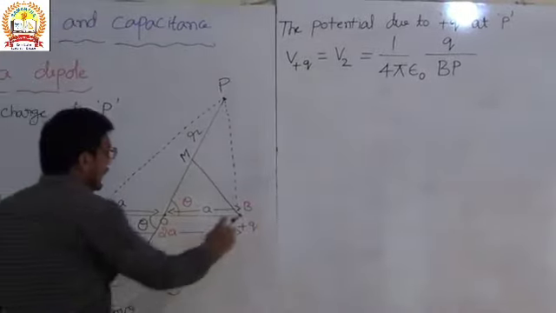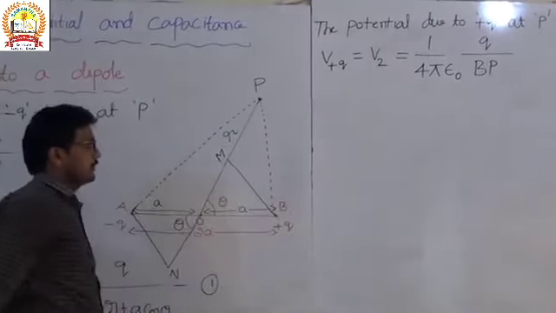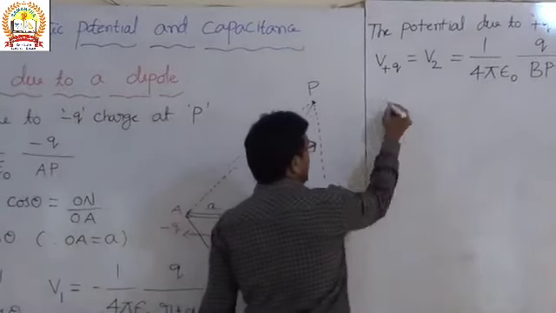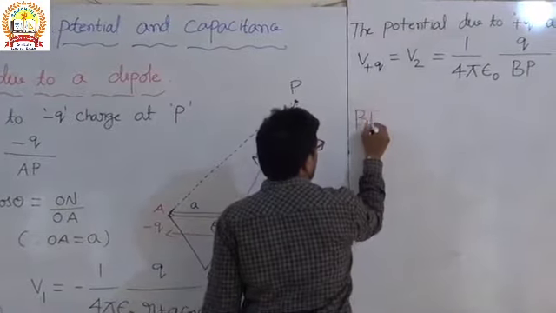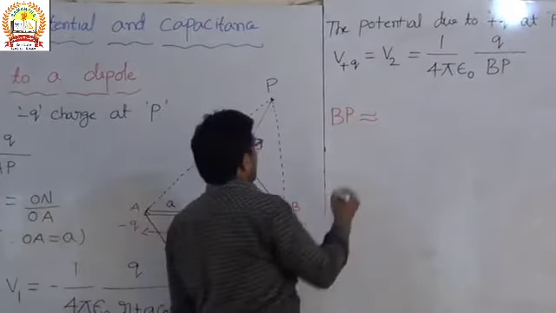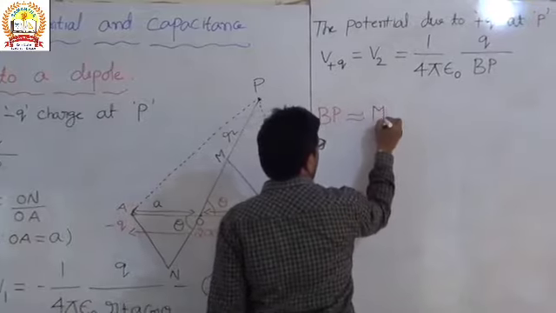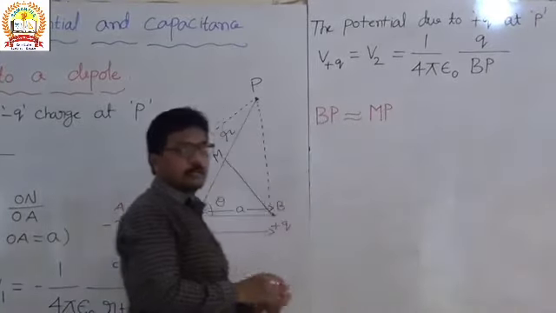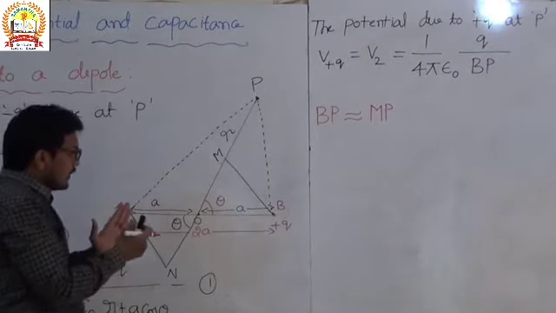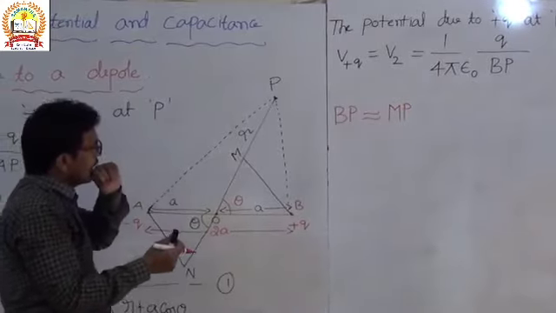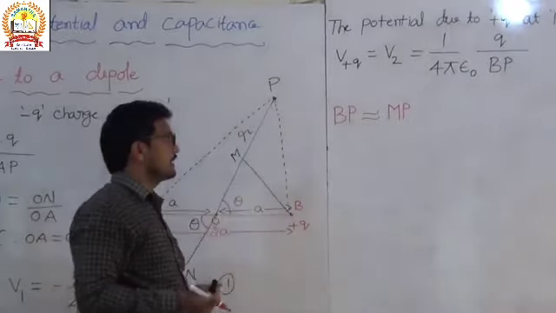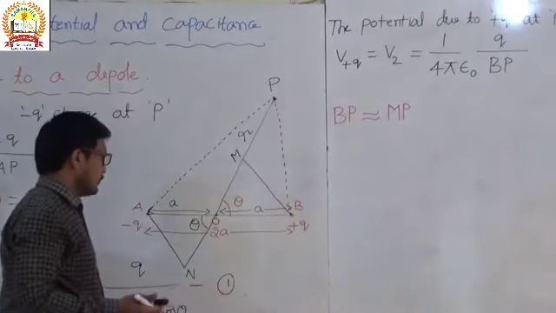Again, we want to find the distance from B to P. BP is approximately equal to MP. Again for the same reason, because it is a dipole and the charges are very close to each other, BP is nearly equal to MP.